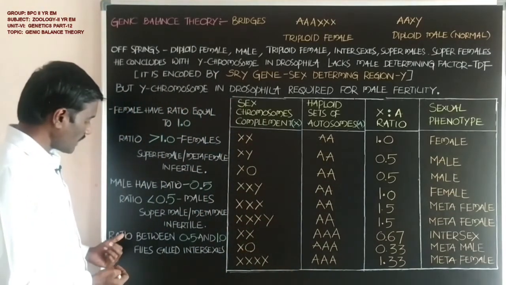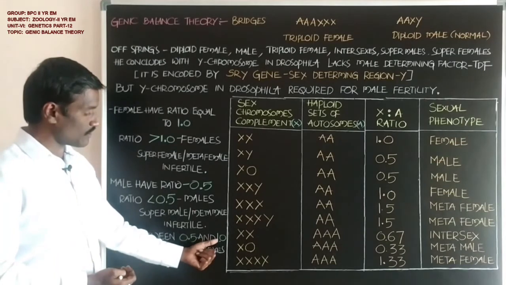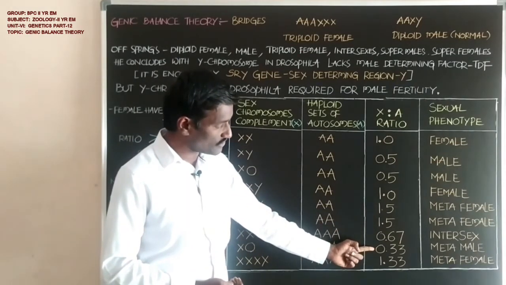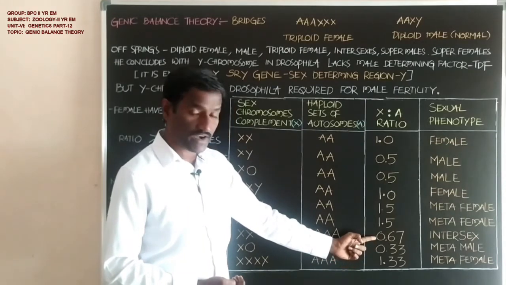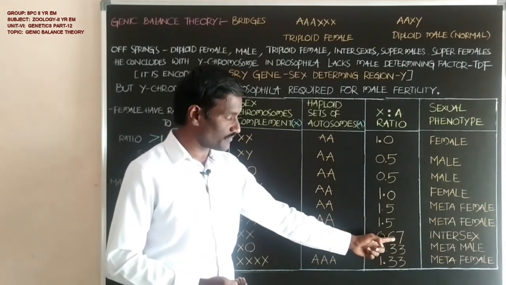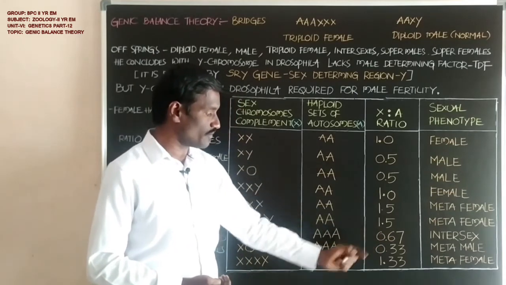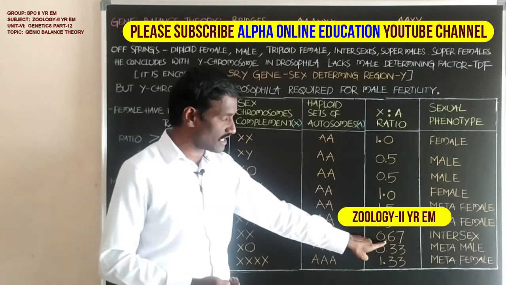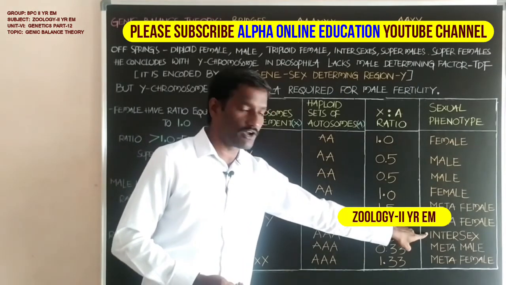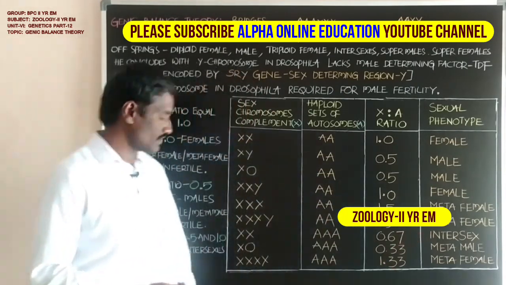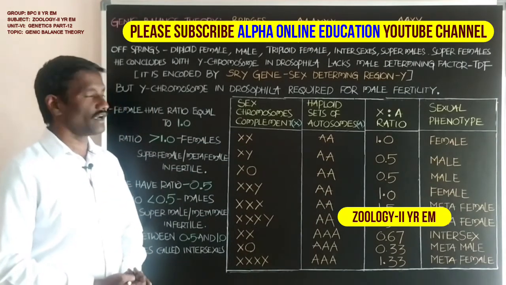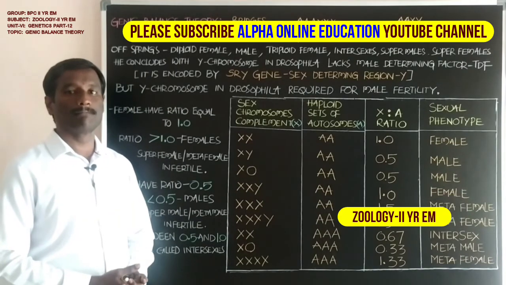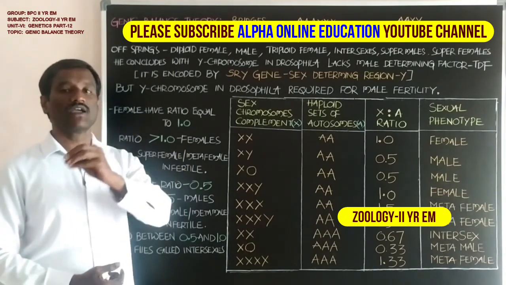Okay student, for a ratio between 0.5 and 1.0, such as 0.67, the offspring develops into intersex. Okay student, this is about the genic balance theory of sex determination in Drosophila by C.B. Bridges.